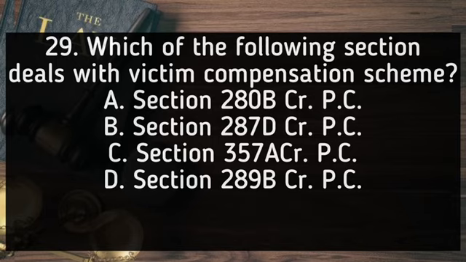Our last second question says, which of the following sections deals with the victim compensation scheme? Option A, Section 280B CrPC, Section 287D CrPC or Section 357A CrPC or the last Section 289B CrPC? The answer is option C, Section 357A CrPC.